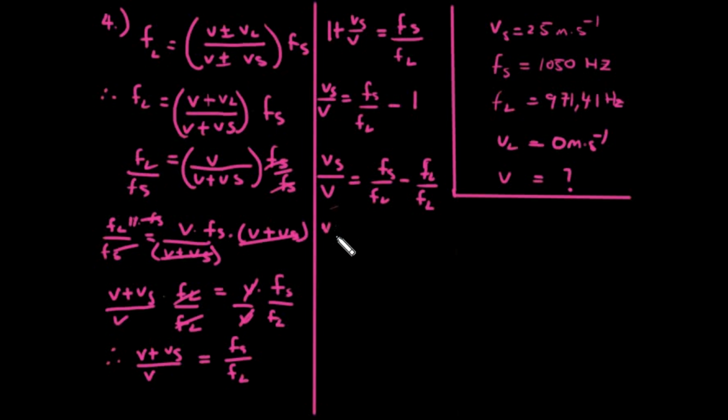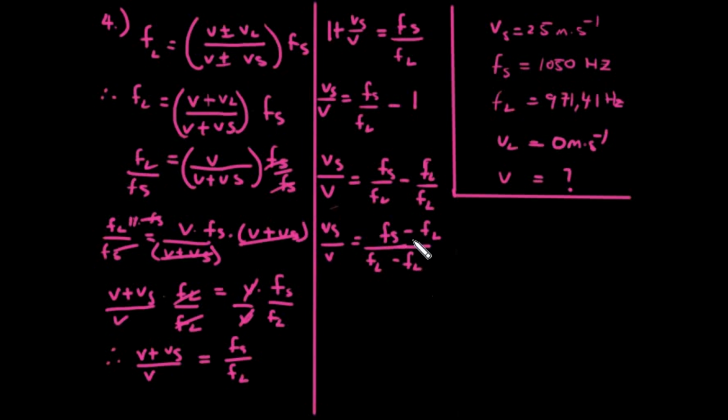Therefore, it becomes vs over v equals f of s minus f of l. But we must not forget this f of l as well. Remember, it's f of l over f of l, so minus f of l.